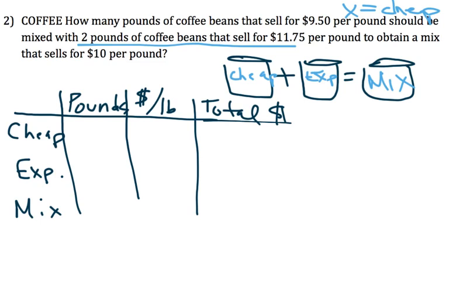So with the cheap, we are asked how many pounds, so I'm going to write that as X, because we don't know the total number of pounds. But I do know that it's going to sell for $9.50. And the total cost of that is going to be $9.50 times X, however many pounds we have.